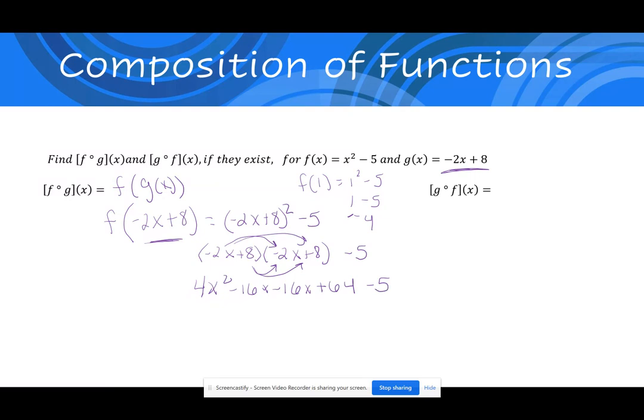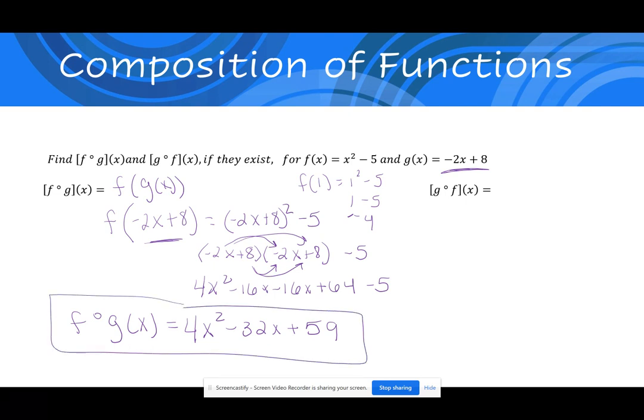And we're going to combine our like terms. So we get 4x squared minus 32x plus 59. That's our function for f of g of x. We're putting in g of x for x in f of x.